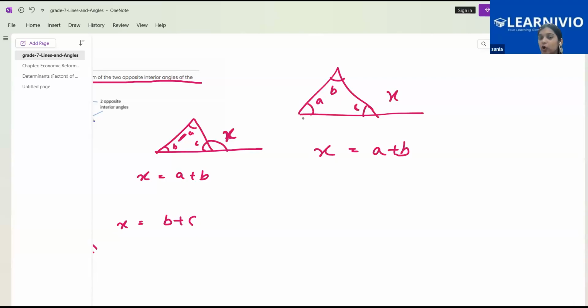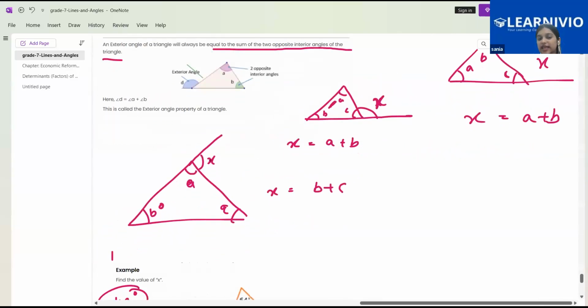That's why A and B are opposite to X. In this case, X was outside. So what are opposite? These two, B and A. So here X is B plus C.